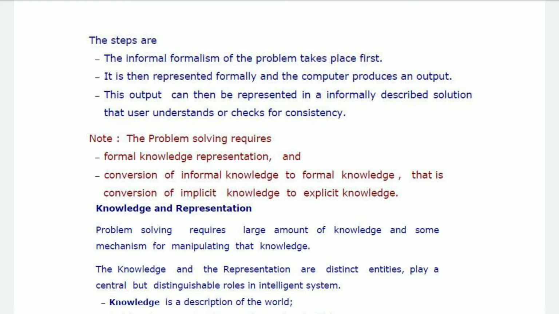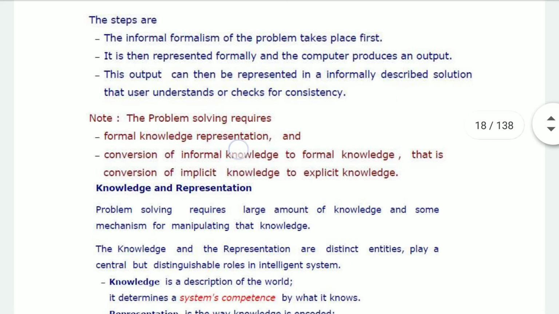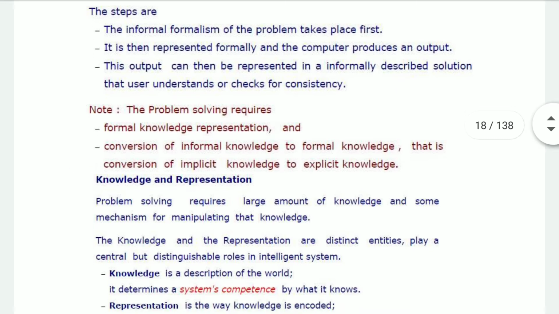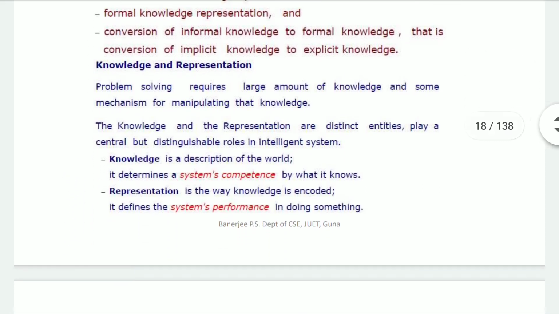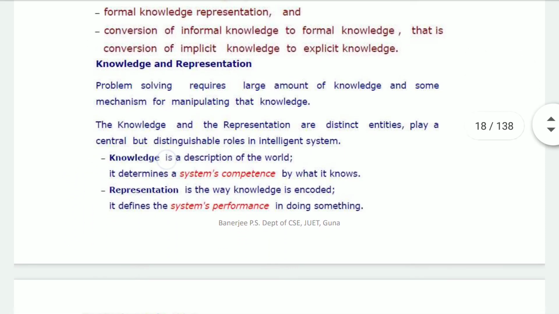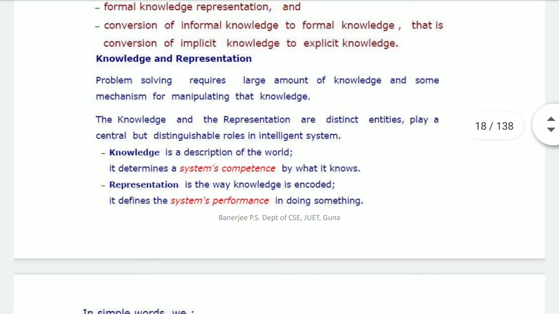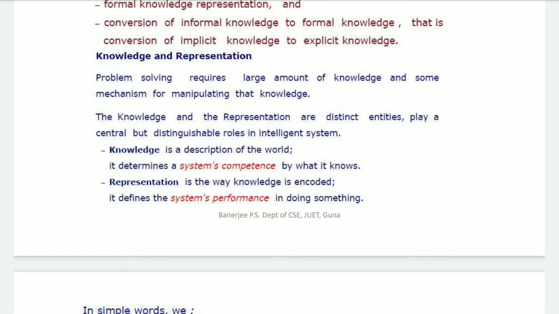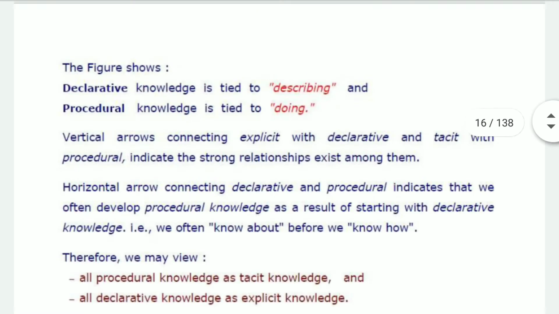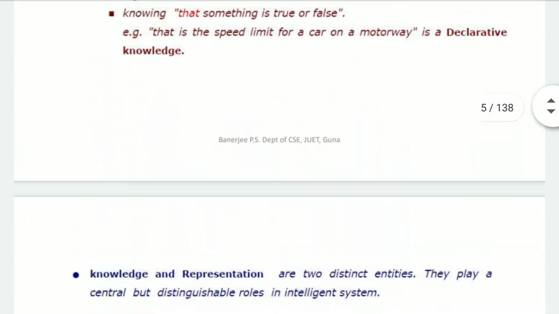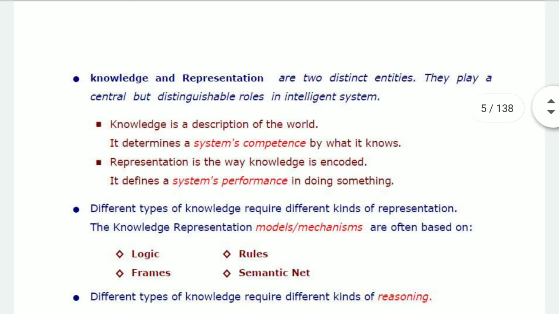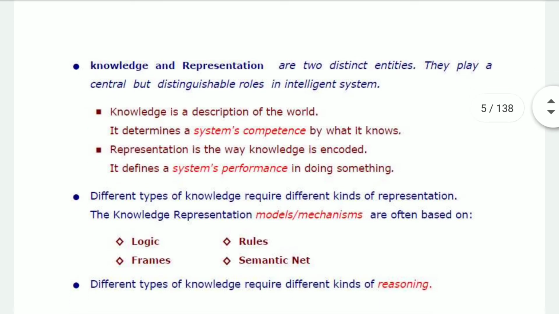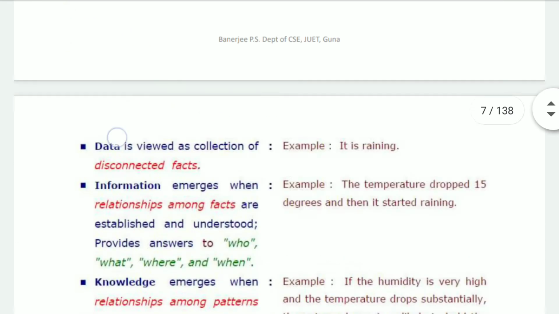The problem solving requires formal knowledge representation, conversion of informal knowledge to formal knowledge, conversion of implicit knowledge to explicit knowledge. And knowledge representation is a description of the world, which is the system's competence, and the representation is the system's performance. You can check it in slide number 2 itself: system's competence and system's performance.